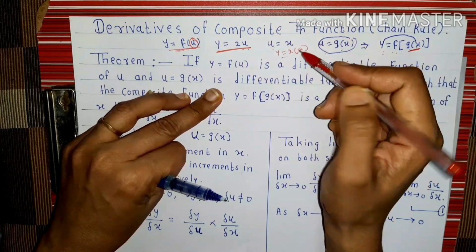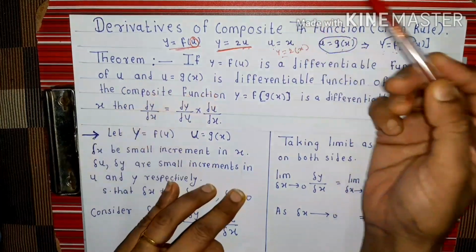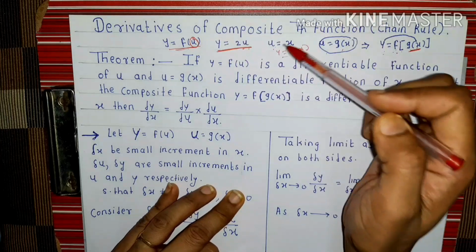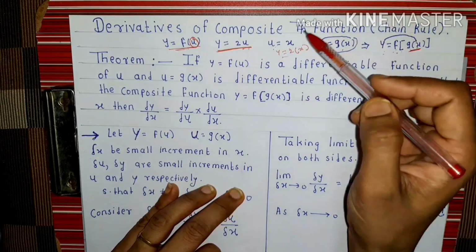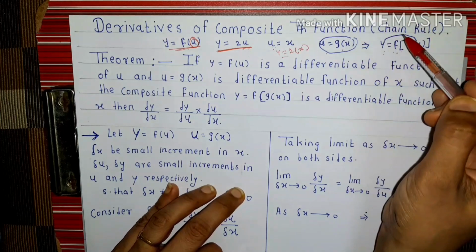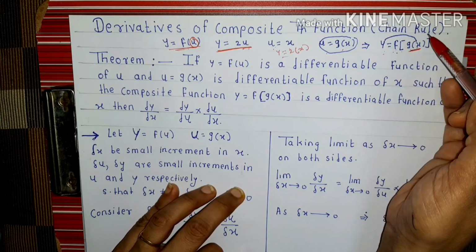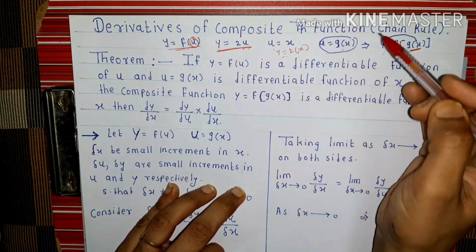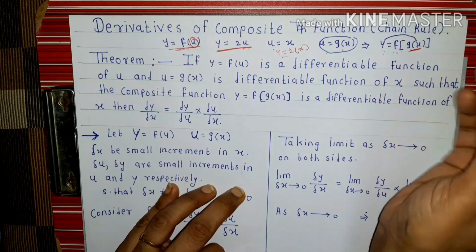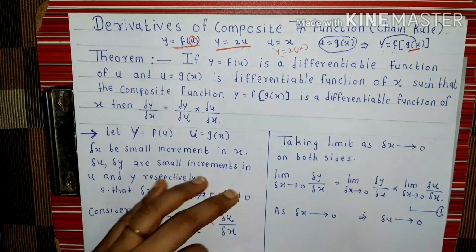Such a type of function, a function of a function, is called a composite function. The derivative of a composite function is also known as the chain rule.